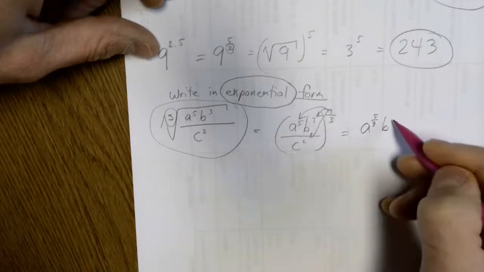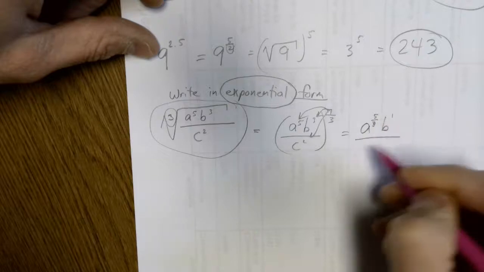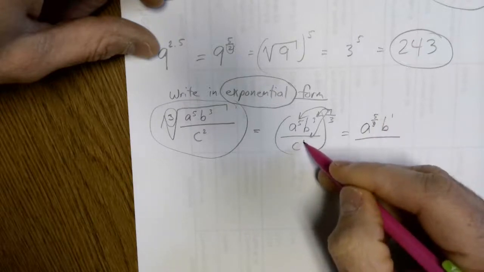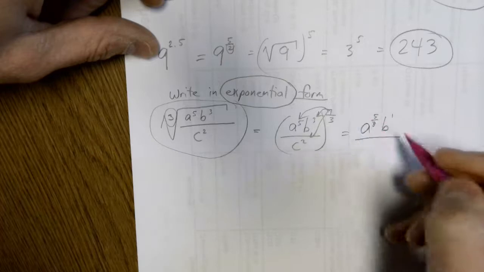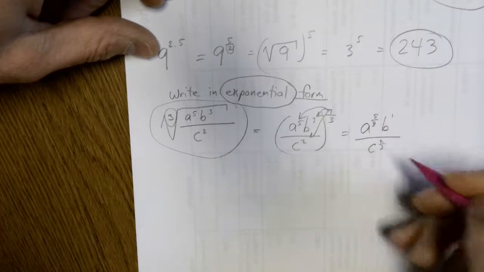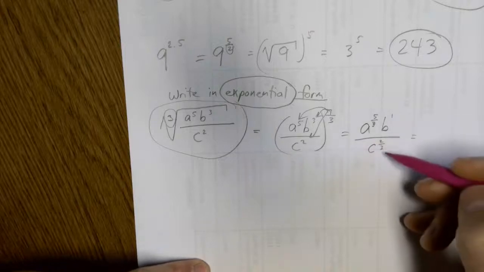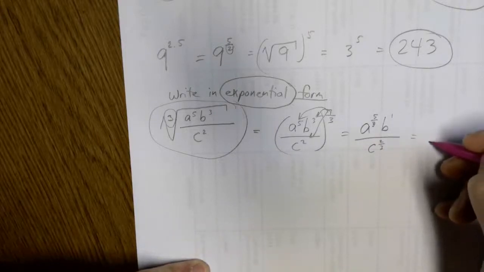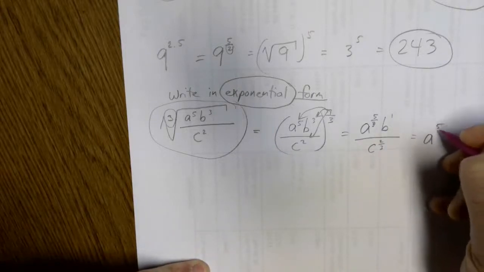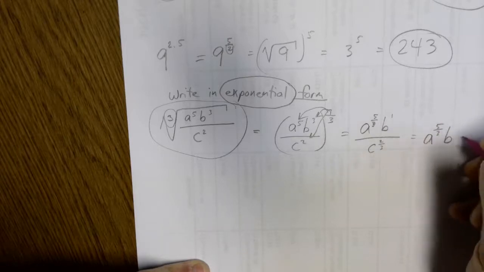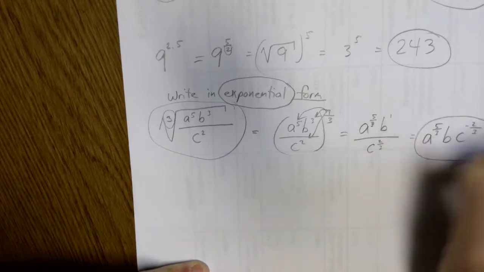B, 3 times 1/3 is 1. And C to the 2nd power, 2 times 1/3 is 2/3. Now you don't have to write the 1. Let's get rid of all that. And then we don't want any division, so here's how we'll write our final answer. Negative exponents are okay here. Done.